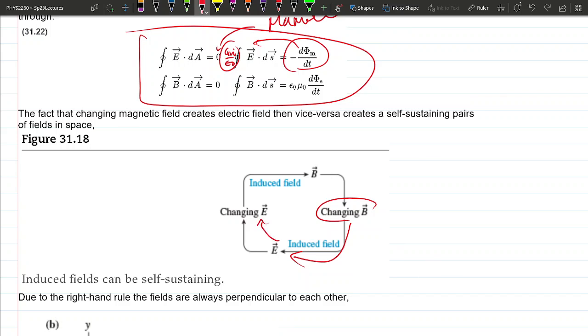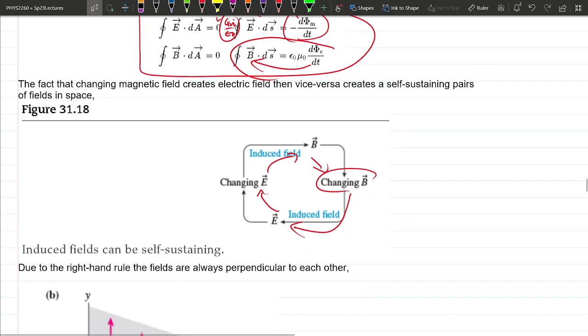And when you have a changing electric field, it causes a magnetic field to change. So you're in this kind of circular loop, a trap for these fields. As soon as they get created, they will propagate forever until they hit some sort of matter and charge or stuff like that. So these are known as self-sustaining fields.